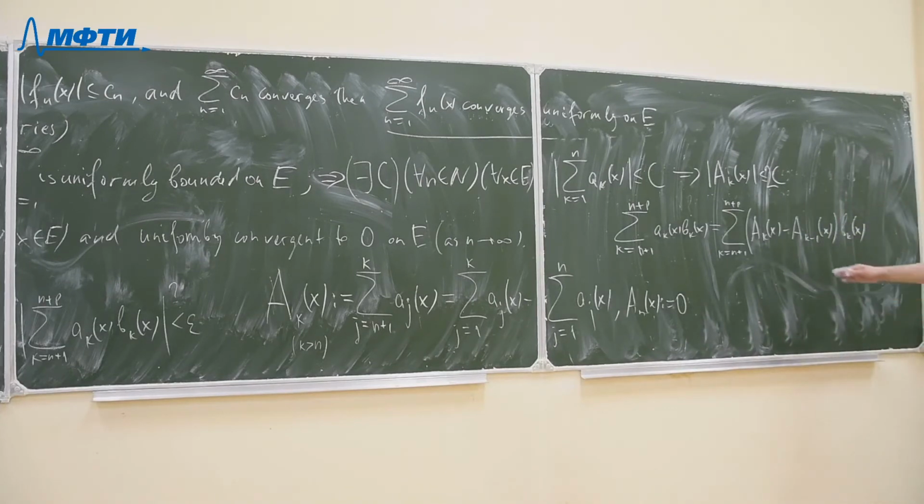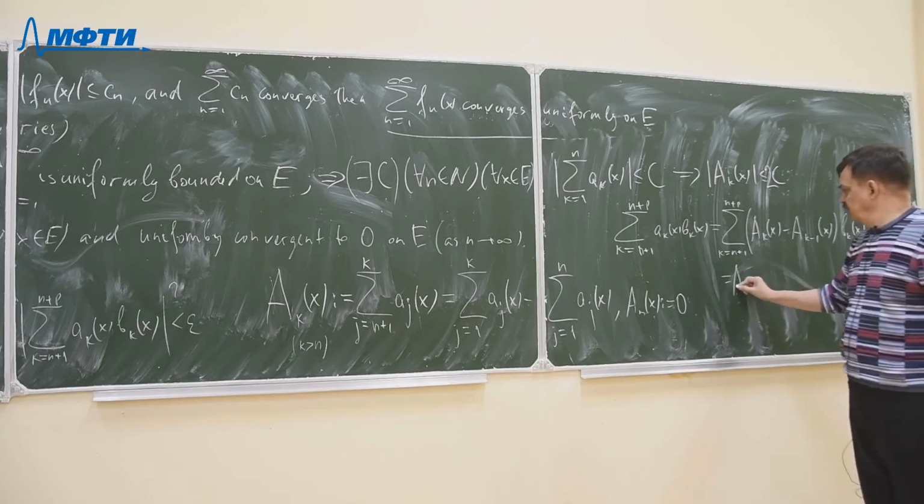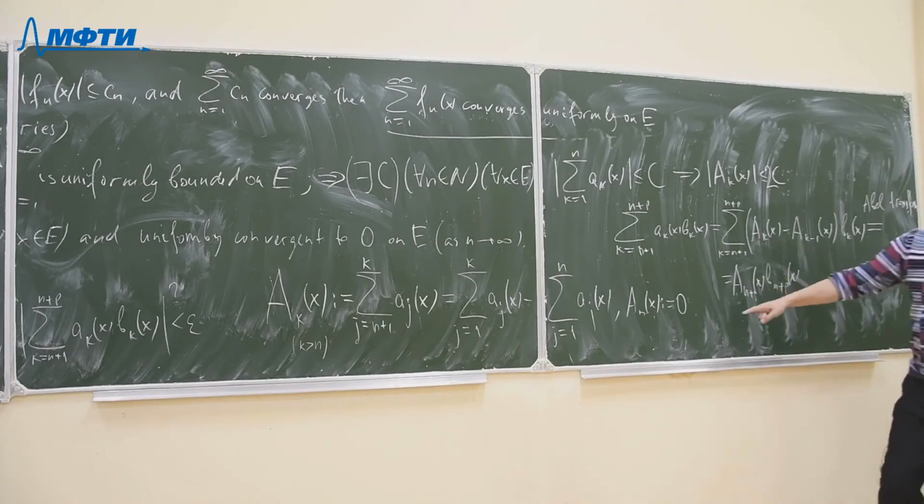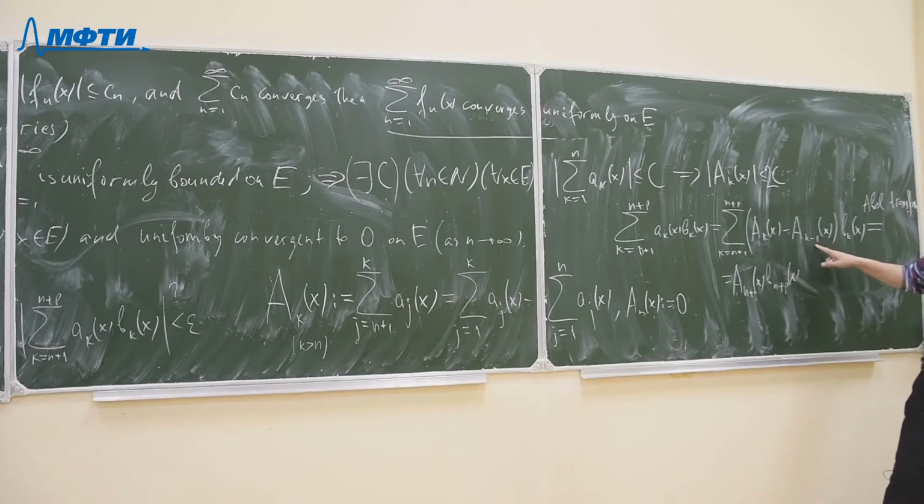Okay, then I can write every little a_k as a difference between capital A_k and capital A_{k minus 1}. Now once again we apply the Abel transform, which we applied several times in fact. So how do we do it? The very last term, namely A_{n plus p} of x, has only one little b. The smallest index gives us 0, right? So I don't subtract the smallest.